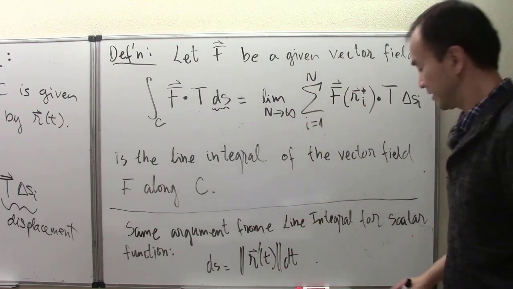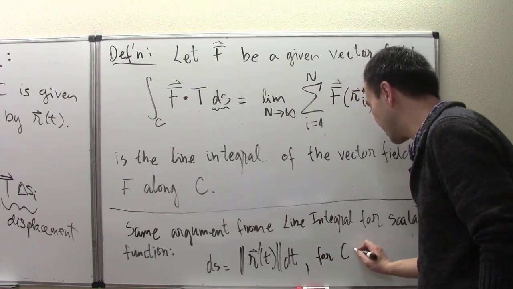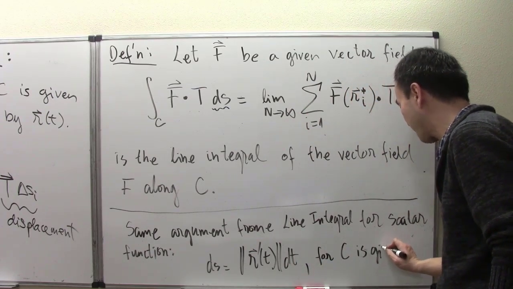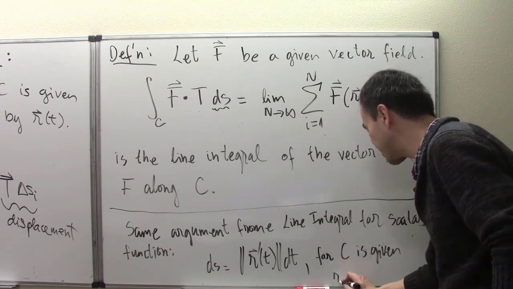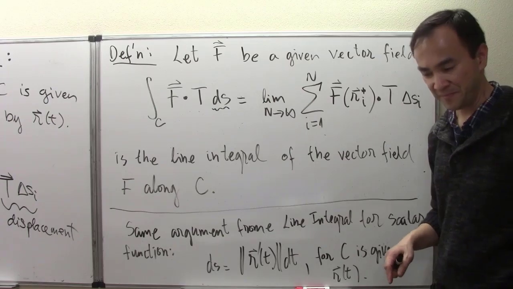And of course, C is given by the parameterization r of t, either 2D or 3D.